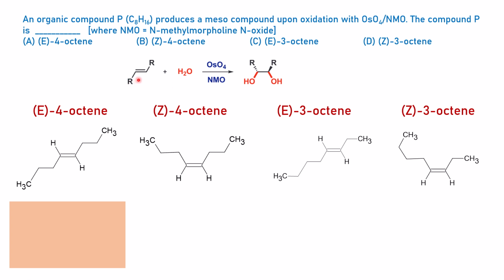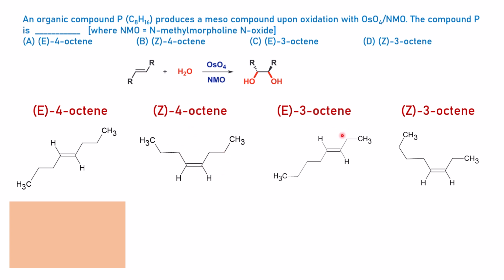We know that when osmium tetroxide reacts, it reacts by syn addition. So if the two R groups are trans to each other, they will be in opposite directions on the adjacent carbons. Now in the case of E-4-octene, the R groups are trans to each other, like what is here. When it is Z, the R groups are cis to each other.